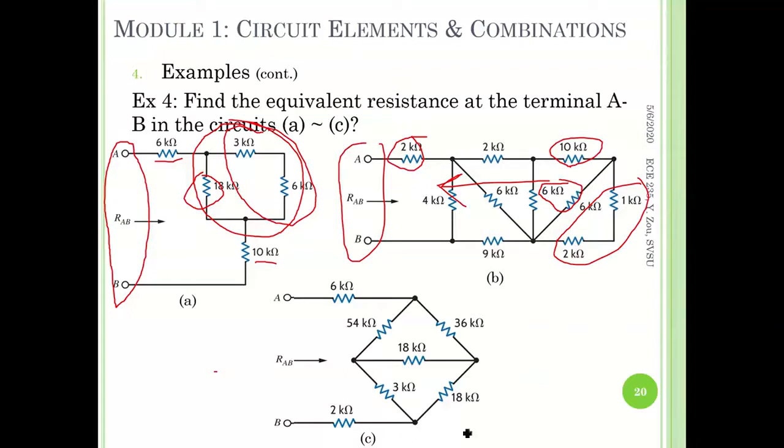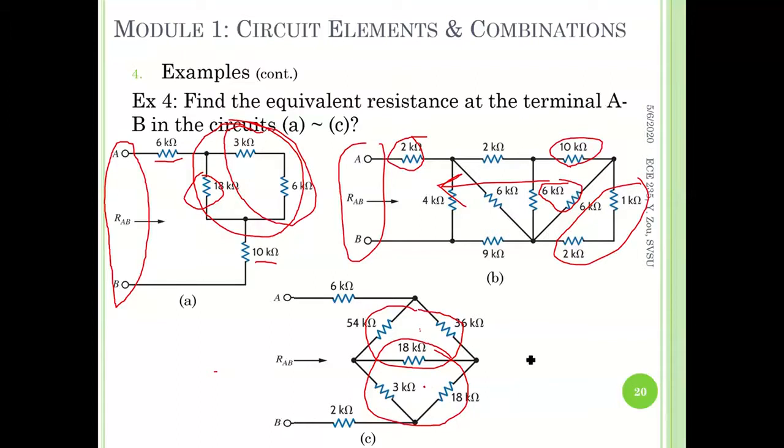The last circuit C here, you're seeing something different. You're seeing a delta connection among these 3. Or you're seeing another delta connection among these 3. They're overlapping by this 18 kilo ohm, therefore you don't need to do 2 conversions from delta to Y. You want to do only 1 conversion from delta to Y, either the upper one here or the lower one here.